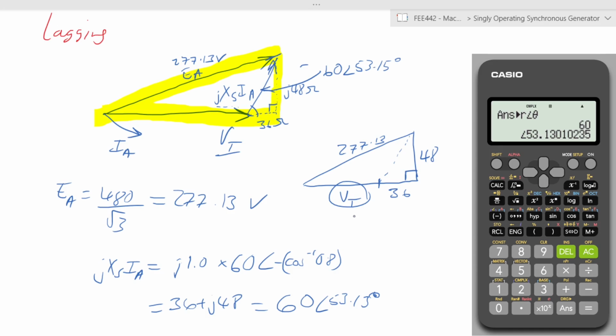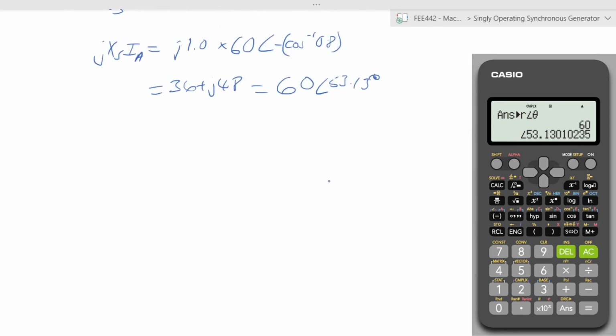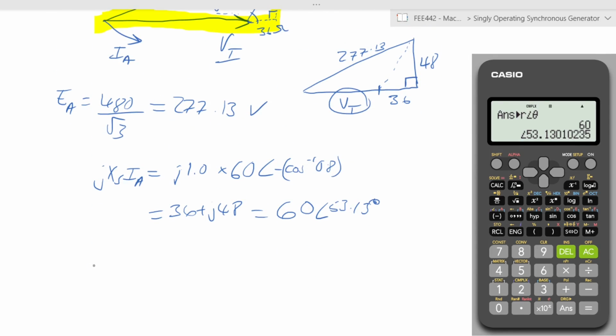So if we want VT, we resolve this triangle. So it will be 277.13 squared is equal to 48 squared plus VT plus 36 squared.